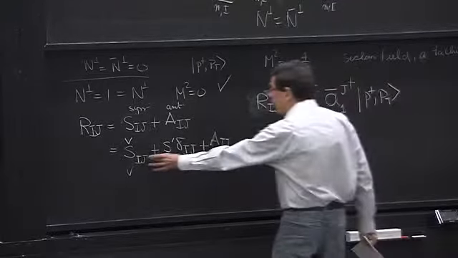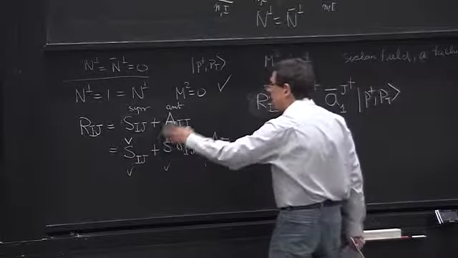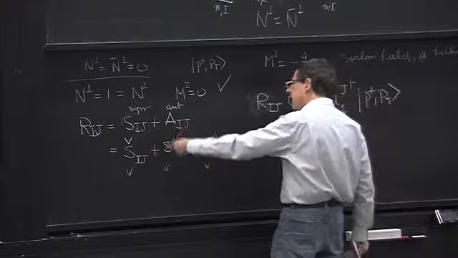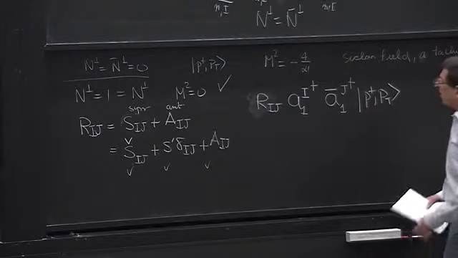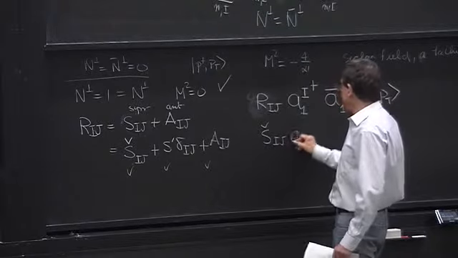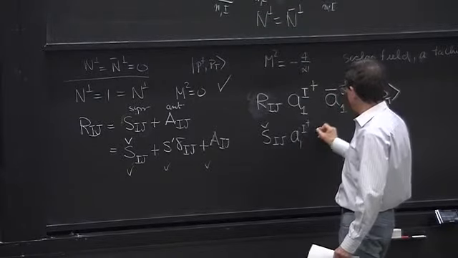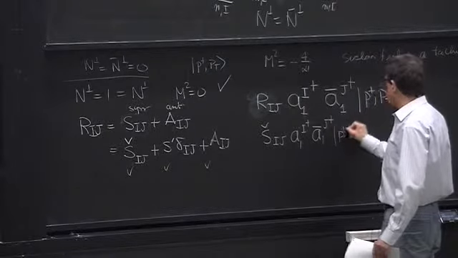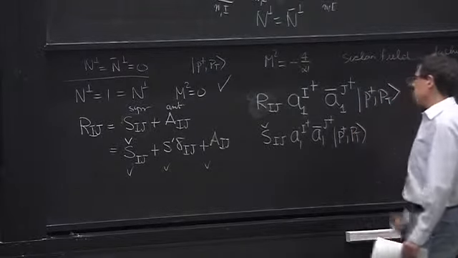The symmetric traceless part transforms among themselves. The anti-symmetric objects transform among themselves in the Lorentz group, and this one too. So here we have symmetric traceless Ij, A1 I dagger, A1 bar J dagger on P plus P transpose.